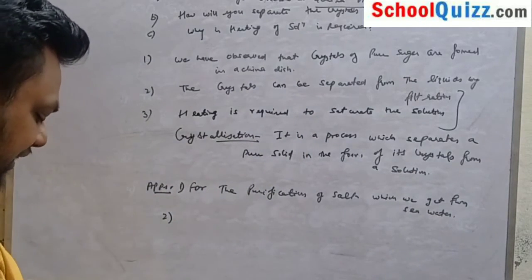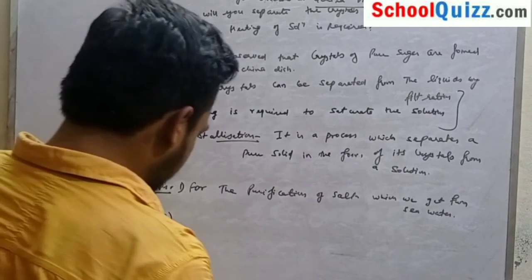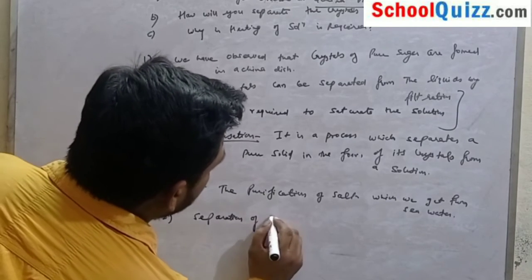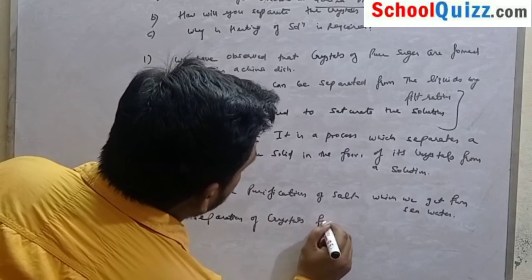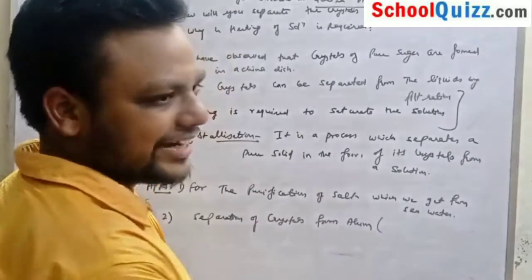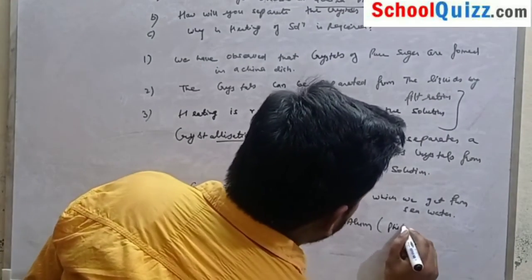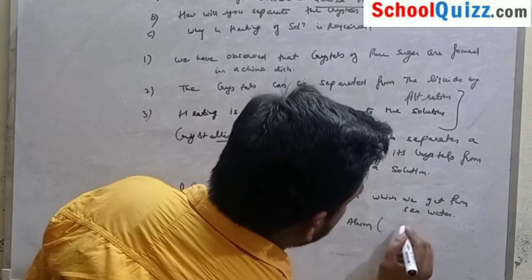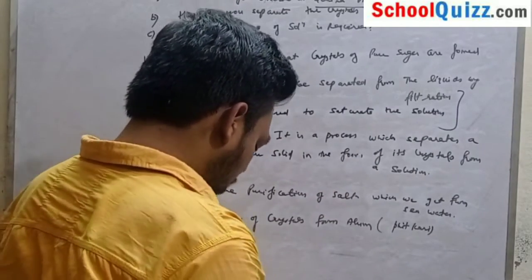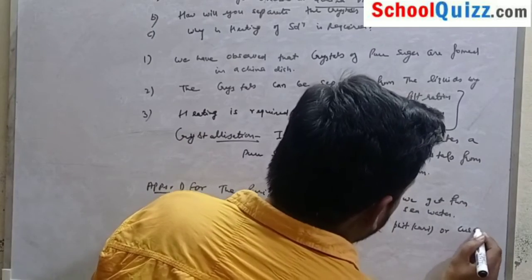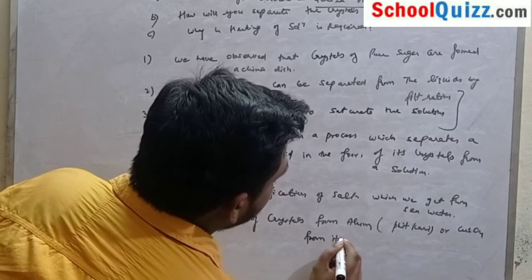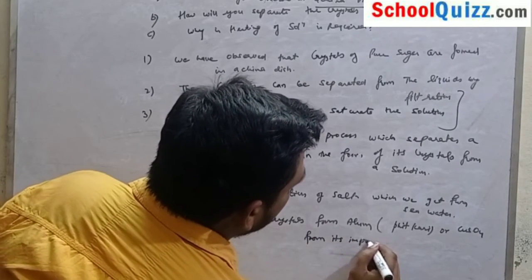And second one is separation of crystals of alum, which is phitkari, or copper sulfate, that is CuSO4, from its impure sample.